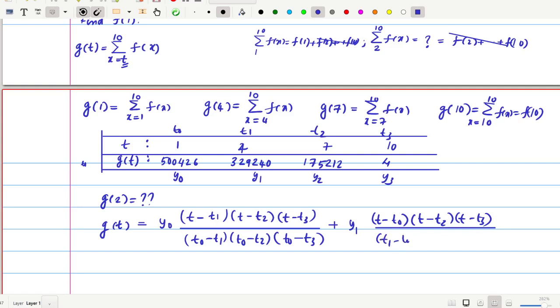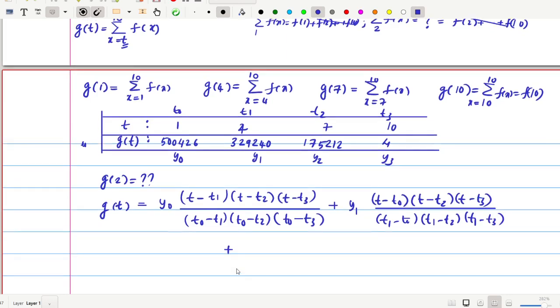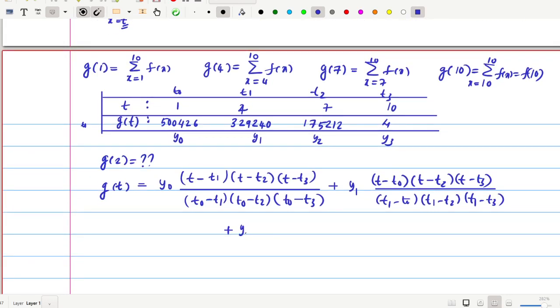(t1 minus t0)(t1 minus t2)(t1 minus t3), and the next two terms are y2 times (t minus t0)(t minus t1)(t minus t3), we avoid t minus t2.